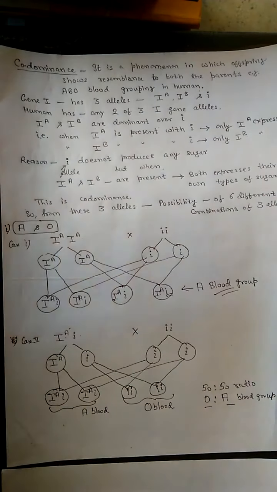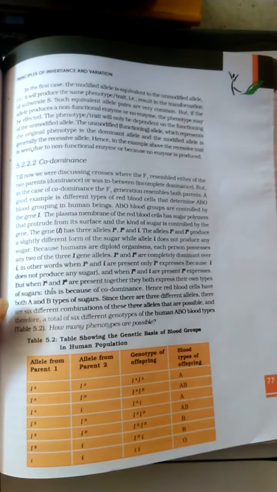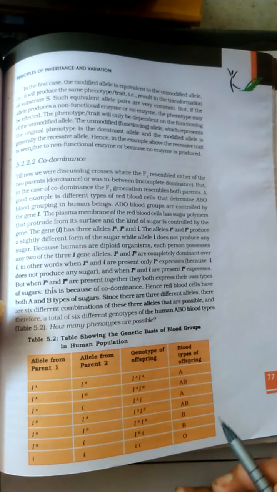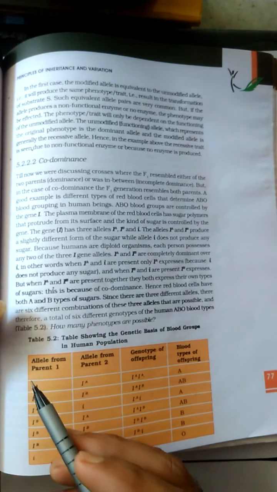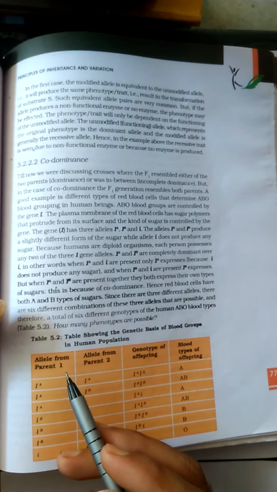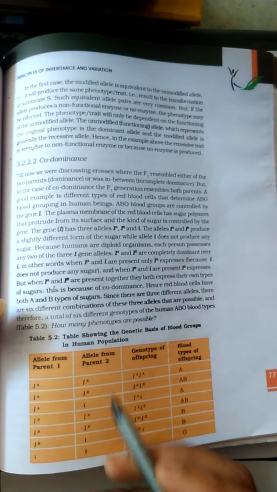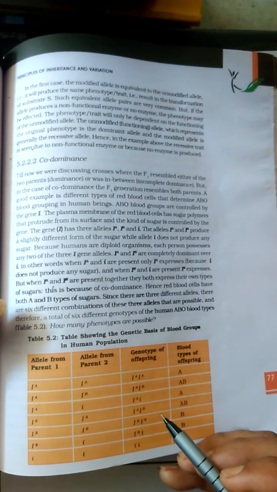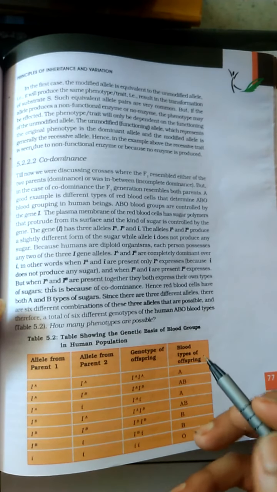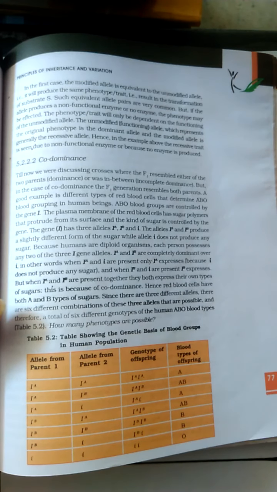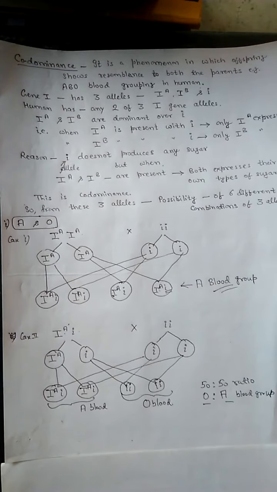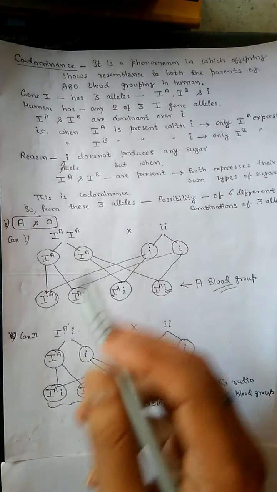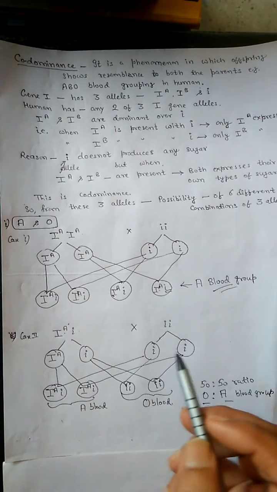In the similar way, we can identify all the progeny and their probabilities if we know the allele from parent 1 and the allele from parent 2. The genotype of the offspring will be obtained, and as such the blood type of the offspring we can easily obtain. As such all will be clear.